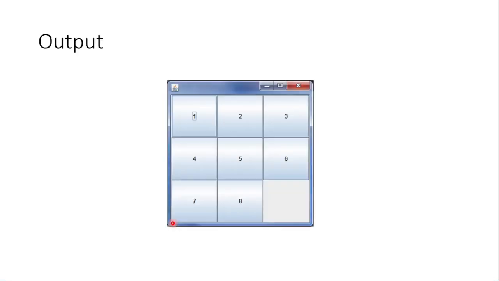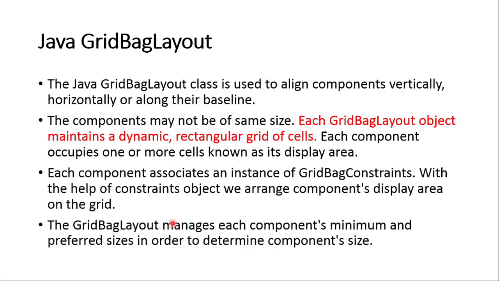So we have got similar output like this. The next one is grid bag layout, and there is one single change in this: in grid layout you can't change one single grid to a different size. But in grid bag layout you can maintain dynamic rectangular cells in that grid.